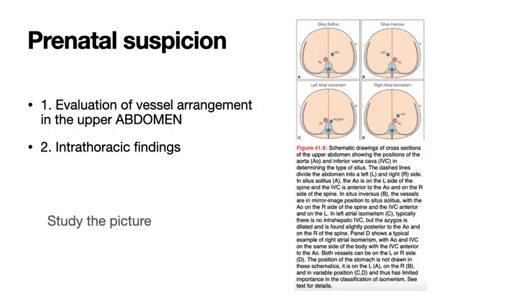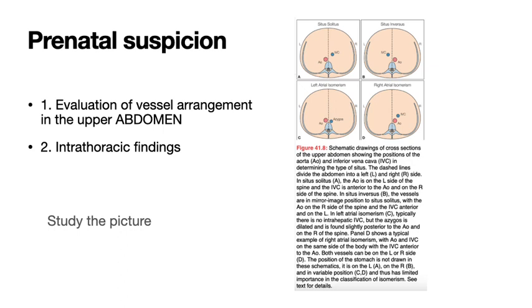So what do we do? Well, here we go. The most important thing is the evaluation of vessel arrangement in the upper abdomen. We started there. We tried to figure out our fetal situs, step one, by looking at those vessels, and they turn out to be the most important part of this whole thing.